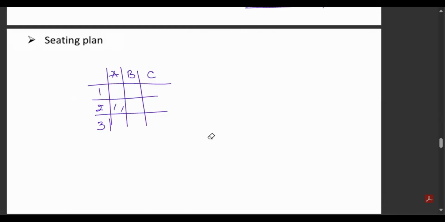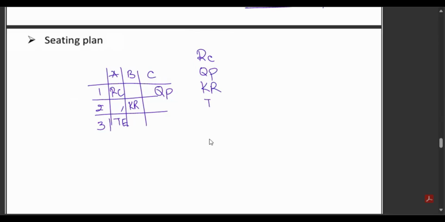Let's say this one is called QP. Then this is KR. This one is RC. The other one is TE. You understand? So what's the position of RC, QP, KR, TE?